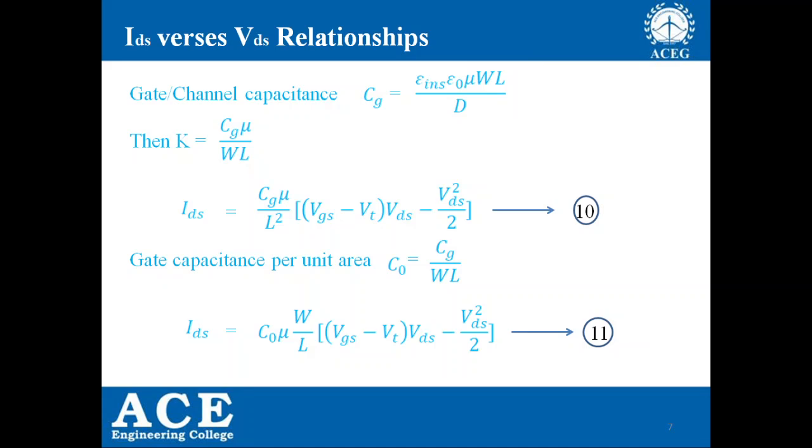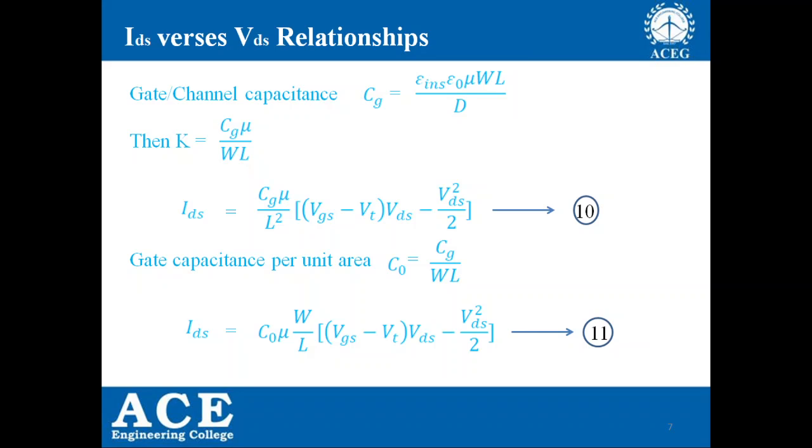Let us name it as equation number 10, and let us write the same equation in terms of unit gate capacitance, or gate capacitance per unit area. So, C naught is equal to Cg by WL. So, this will become IDS equal to C naught into mu into W by L into (VGS minus VT) into VDS minus VDS square by 2.